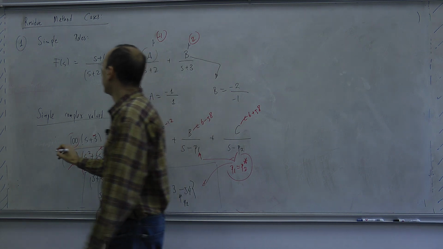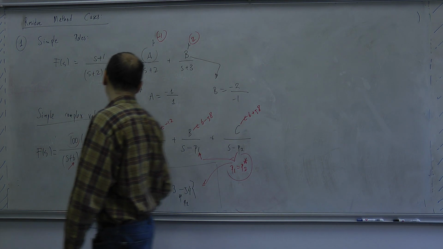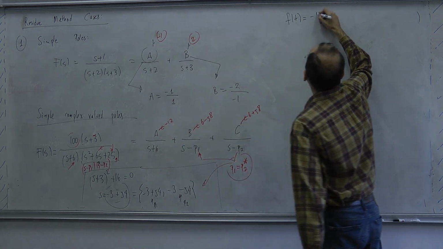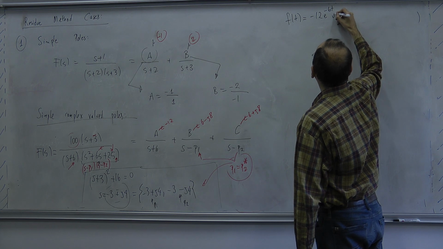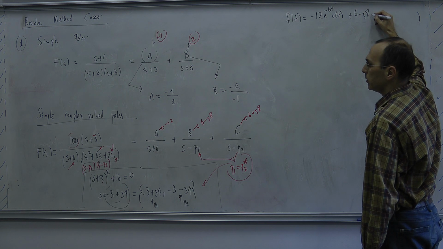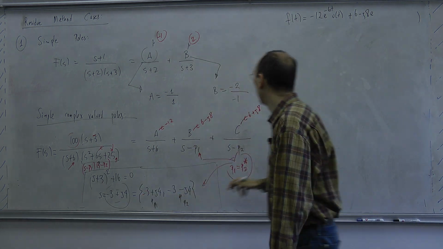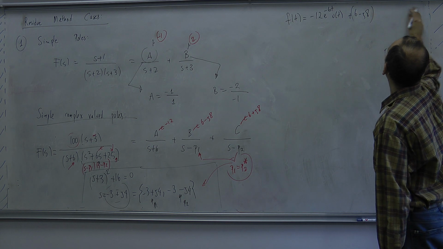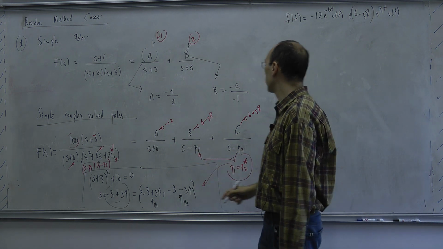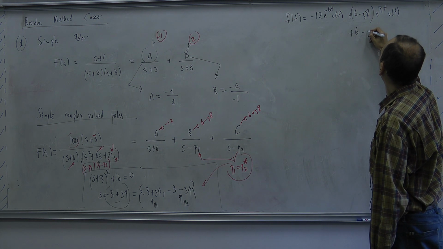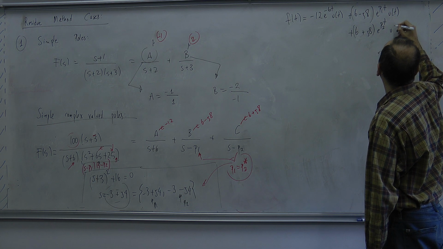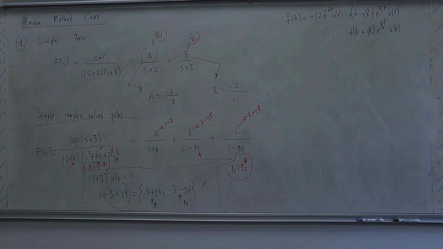Now, if this is f of s, my f of t is minus 12 e to the minus 6 u(t) plus (6 minus j8) e to the p1 t u(t), because pole location is at p1, plus (6 plus j8) e to the p2 t u(t). Okay, that is it.